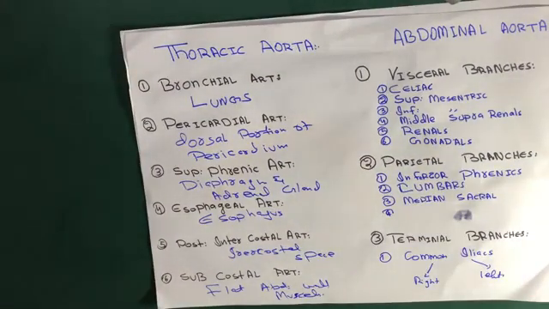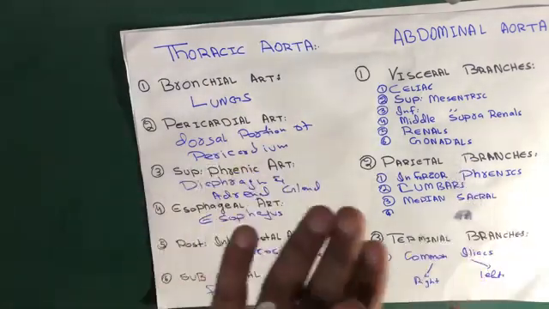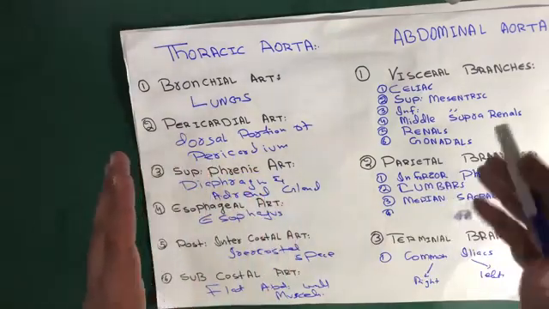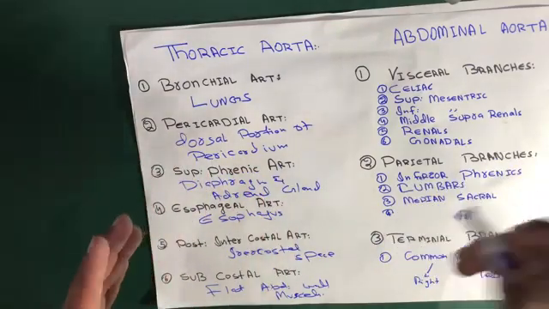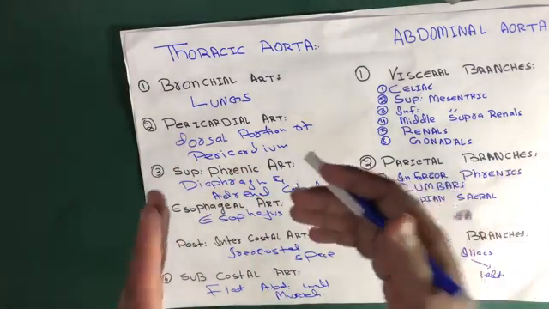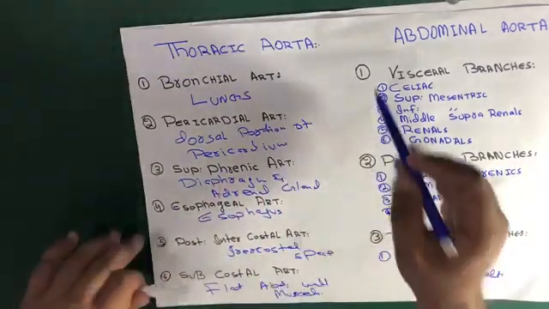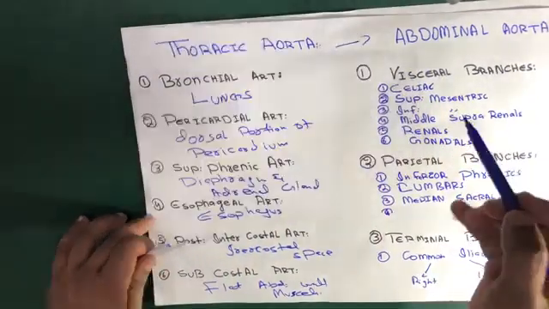Now let's talk about the abdominal aorta, which is the descending aorta, but after the thoracic aorta crosses the diaphragm through the aortic hiatus, it changes its name from thoracic aorta to abdominal aorta.